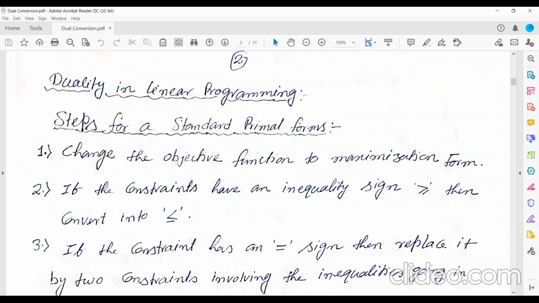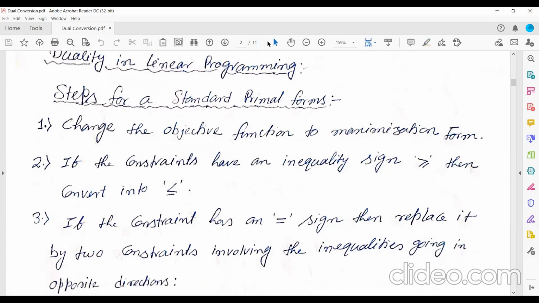But today we'll learn how to construct a dual linear programming problem from the primal, which is the original problem given to you. There are some steps you need to follow.